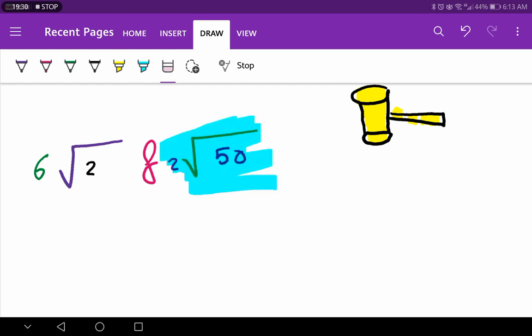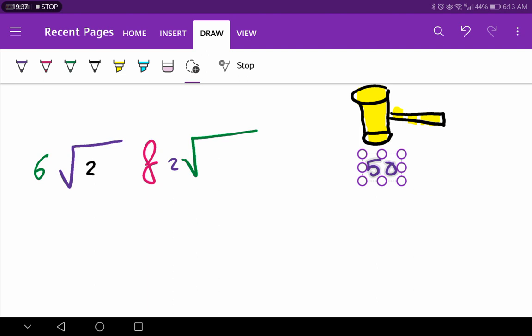Now we come to the second radical. I take my 50 here, the radicand, and put it under my hammer. I hit it with my hammer. It gives 5 and 10. Okay, but neither the 5 nor the 10 is a perfect square number, so I try to break the 10.